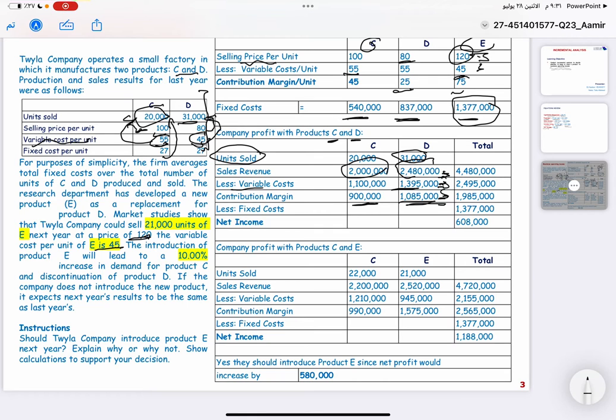Okay. Fixed cost from the question is 1,375,000. Subtract the fixed cost from the contribution margin to get net income.